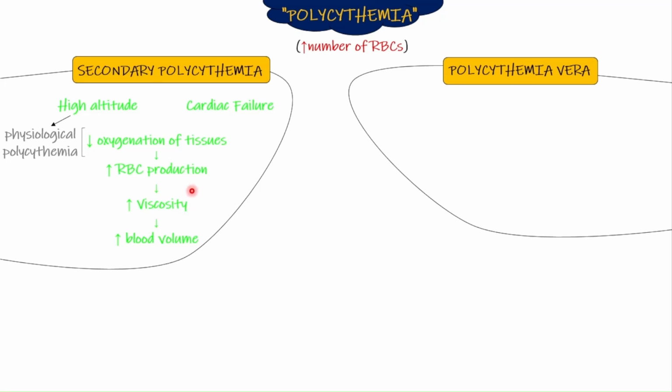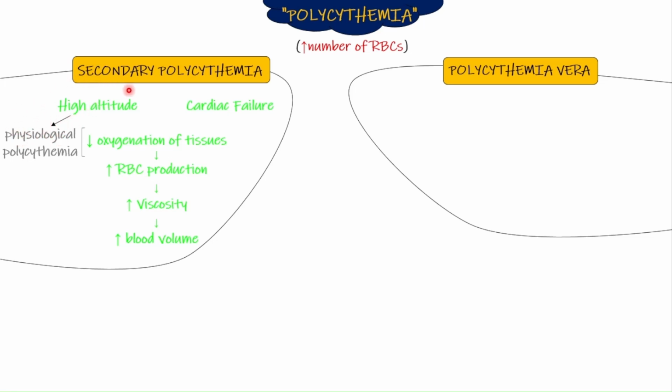Okay? So there will be increased viscosity, and a greater number of RBCs will lead to increased blood volume. So now we have blood having more red blood cells, greater viscosity, and a greater volume than normal.